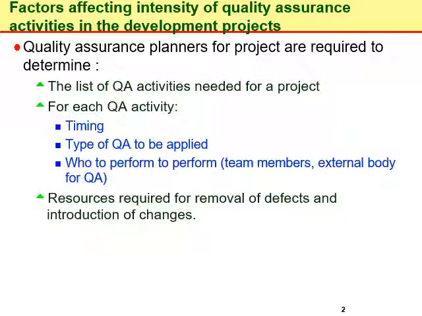Therefore, it is important to mention the representatives from the external teams here so that all the involved stakeholders can prepare accordingly. Then, resources required for removal of defects and introduction of changes also have to be listed in the development plan.